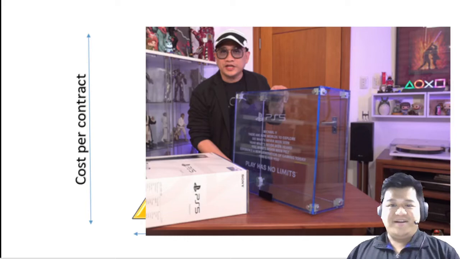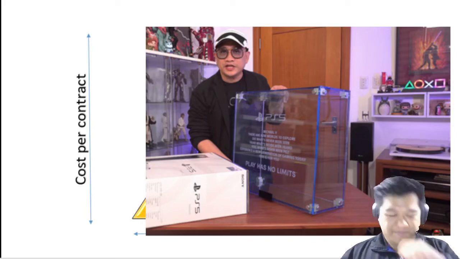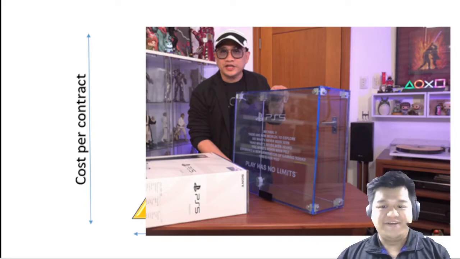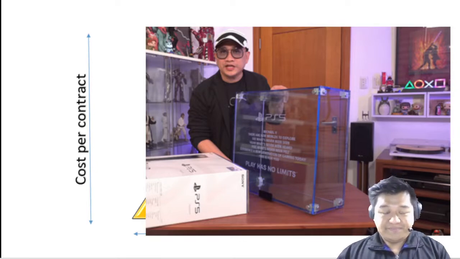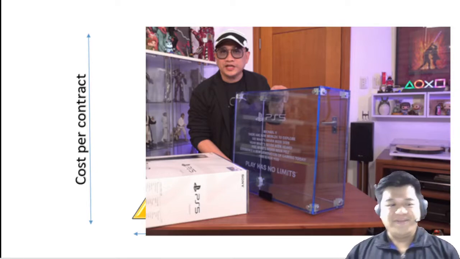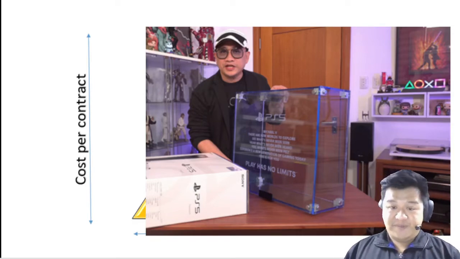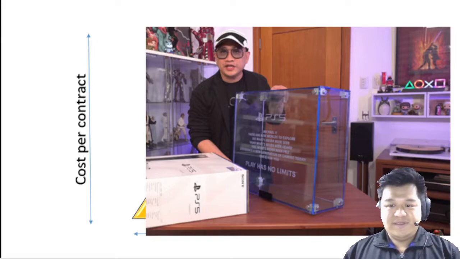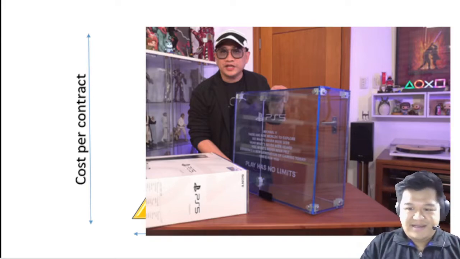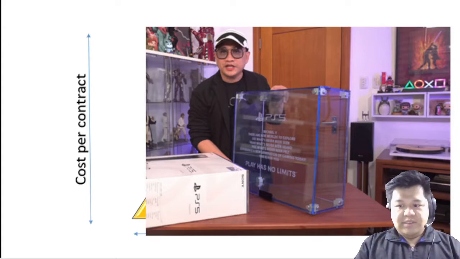Maybe my classmates who are gamers know the struggle of buying a PS5. Before, it was really hard to get a PS5. But what Sony did is they gave Michael V a PS5 press kit.